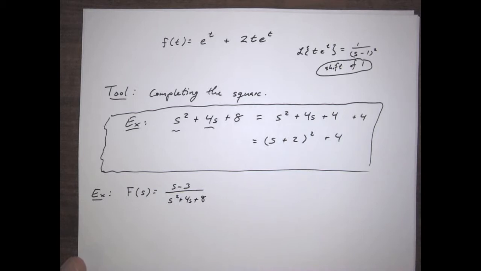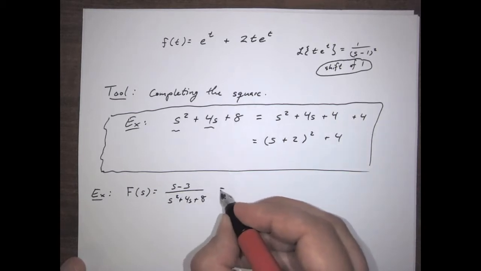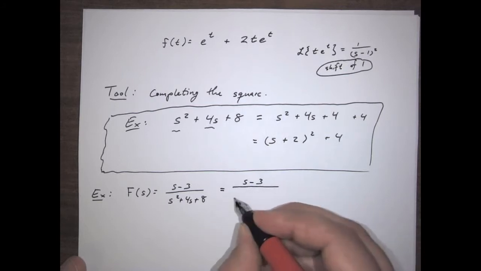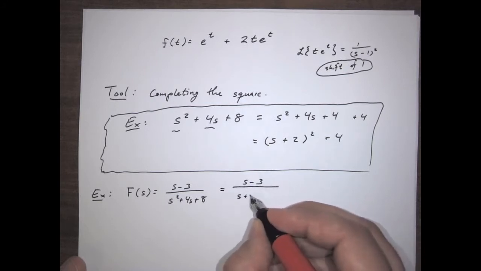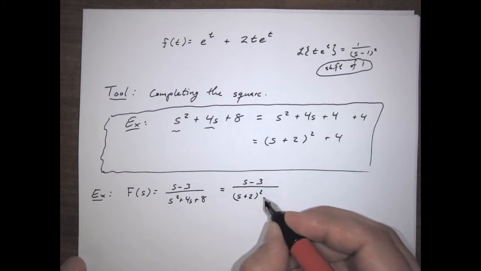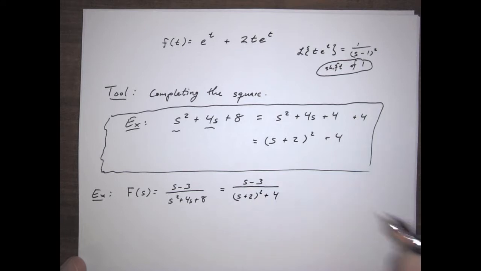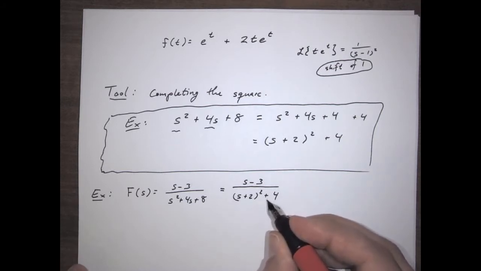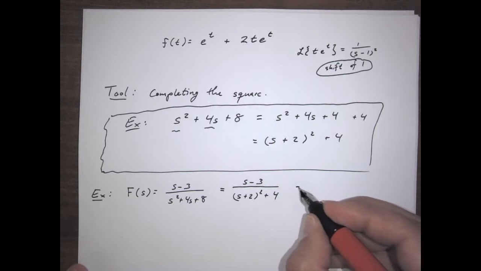The reason why we would want to complete the square here is to rewrite this in this form. Then this matches the general format of a trigonometric function.